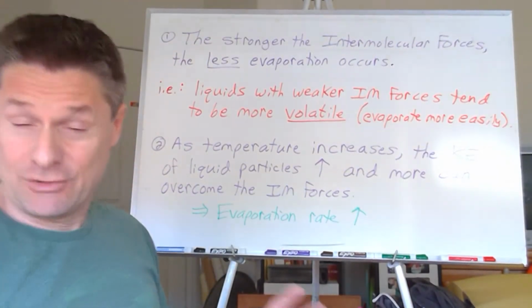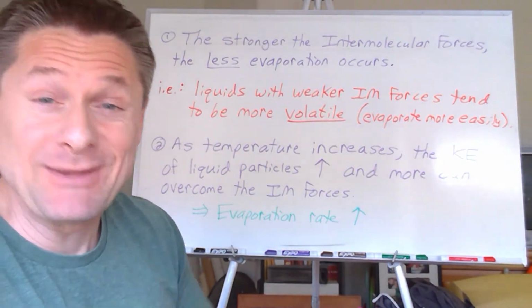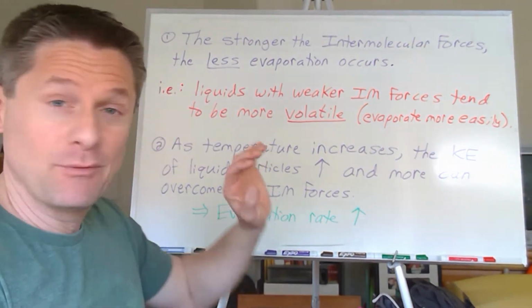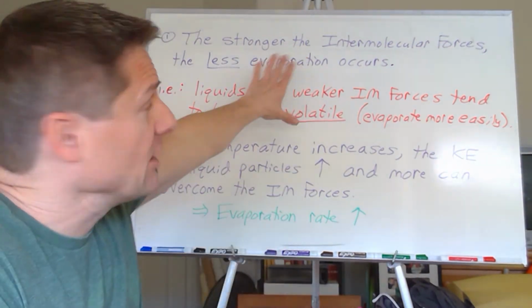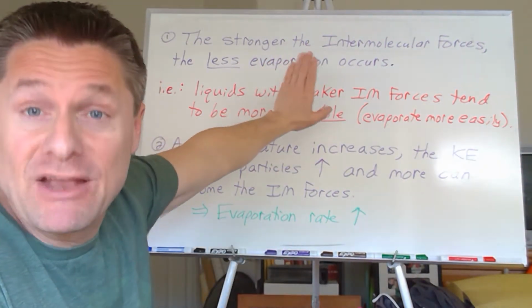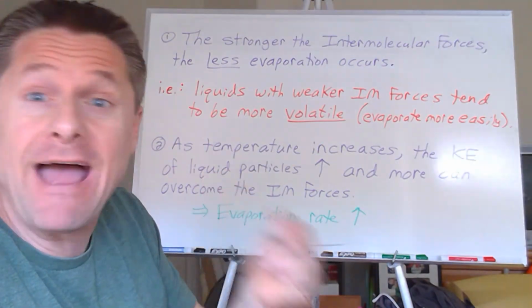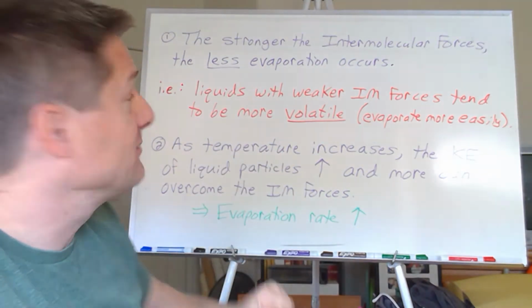All right, did you predict the results of this? Hopefully pretty easily. So the two main factors involved in the evaporation rate, right? Intermolecular force strength, and we're going to measure that with a numerical value that you've seen before on the next board.